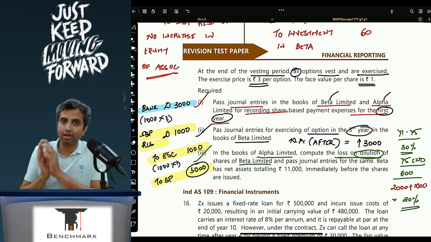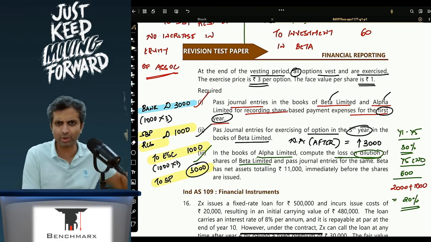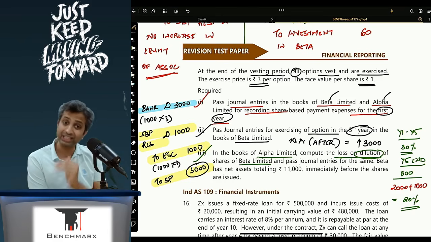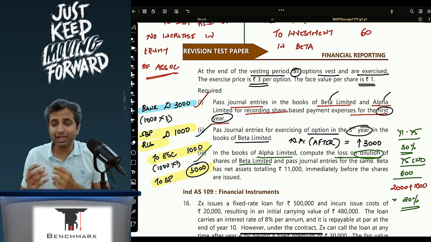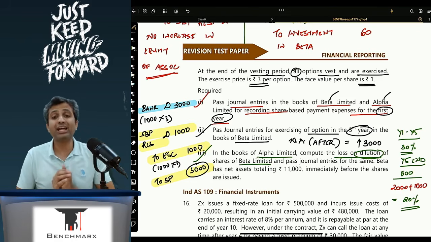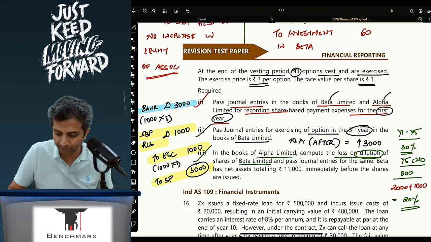I don't know what the before transaction equity or net assets are, but after the transaction that increases by 3000. So yes, earlier I might be having 30% of, I don't know what the net assets are, let's say they were 11,000. We'll just read that only and pass the journal entries for the same.